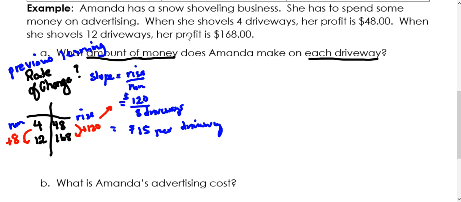If we didn't know what the slope is, we can find the slope from 2 points. All right. So Amanda charges $15 per driveway.